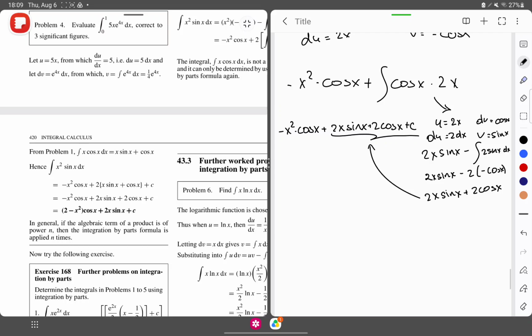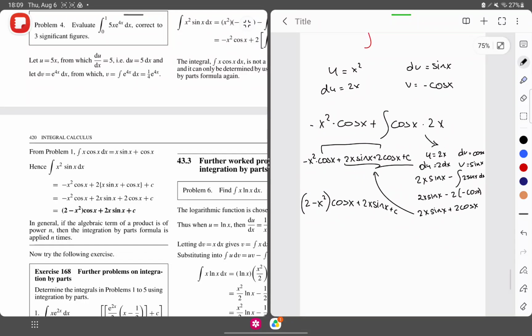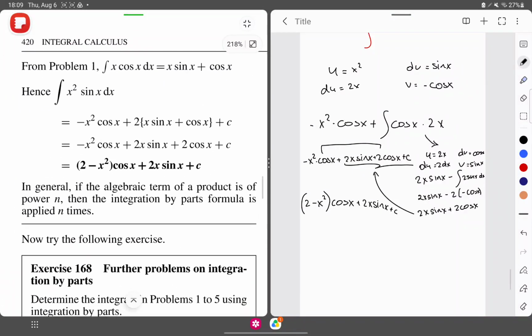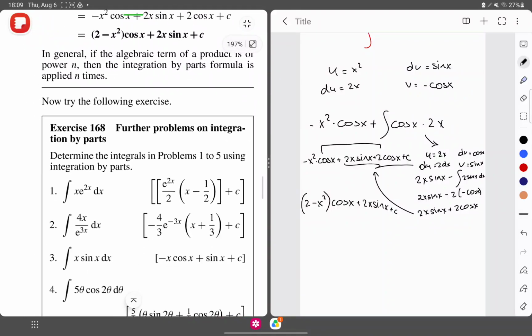Then we have cosine x times (2 minus x squared) plus 2x sine x plus c. Good job, very good job. I did it right. This is the simplified form, actually.